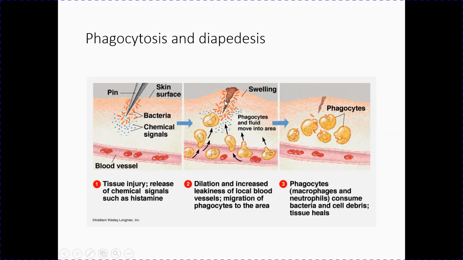So you can see, oh, look how red and swelled that looks after that's had that tissue injury. That's the diapedesis. The phagocytes and the macrophages then consume the bacteria, clean up the debris, clean up the stuff that was left behind, and the tissue eventually heals and the inflammation goes down.